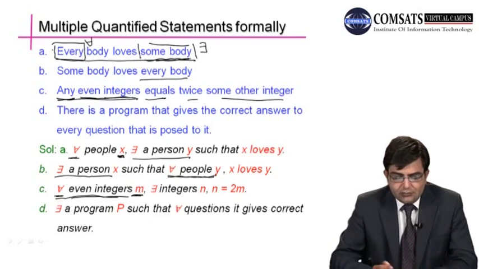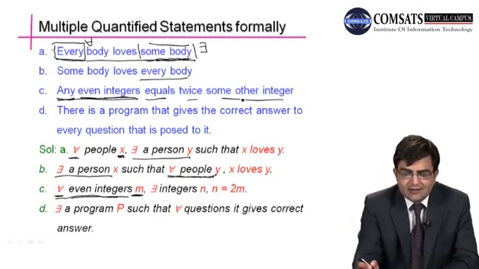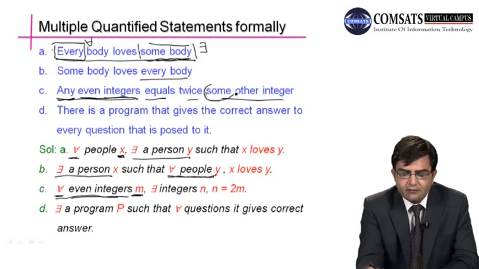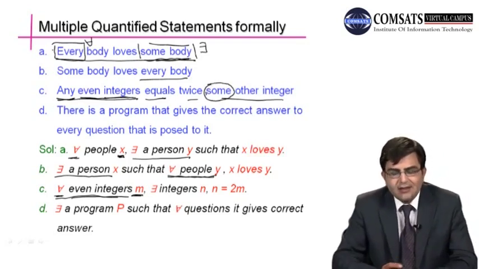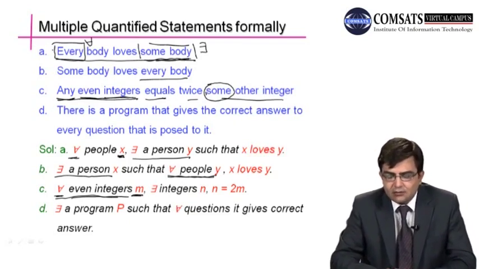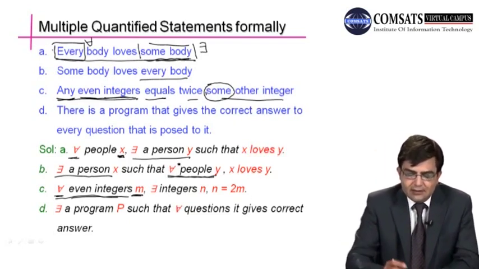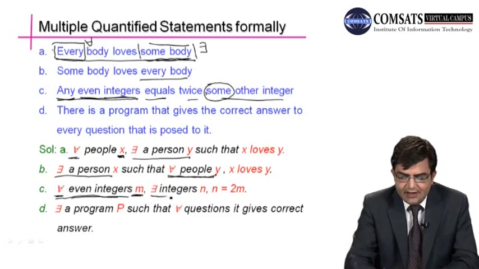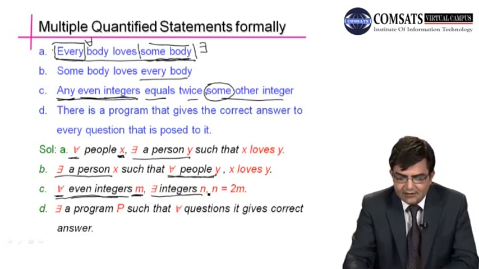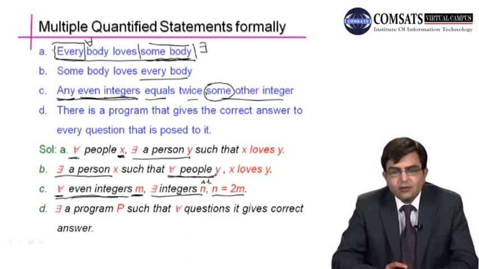Then it equals twice some other integer. Here we have some, and some means there exists at least one. So there exists an integer n such that, here you can write, n is equal to 2m. Every even integer can be written as a multiple of 2 of some integer.